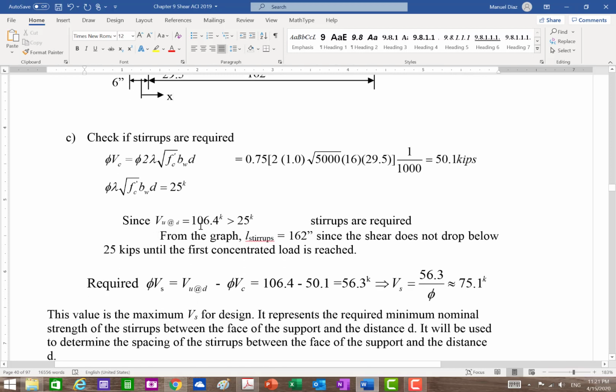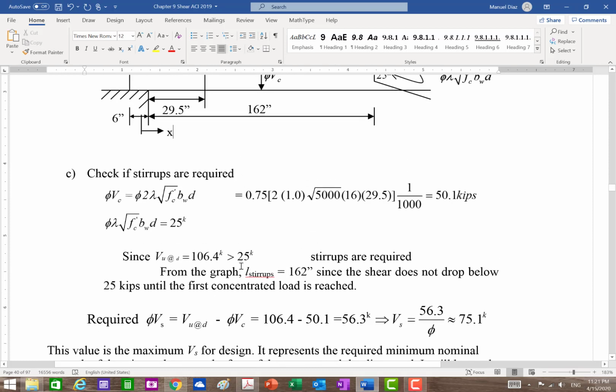My Vu at d is definitely way bigger than my 25, so I need to have stirrups. Next step, like in all the cases, we need to find the length that I need to cover with these stirrups. So, do I need a formula?